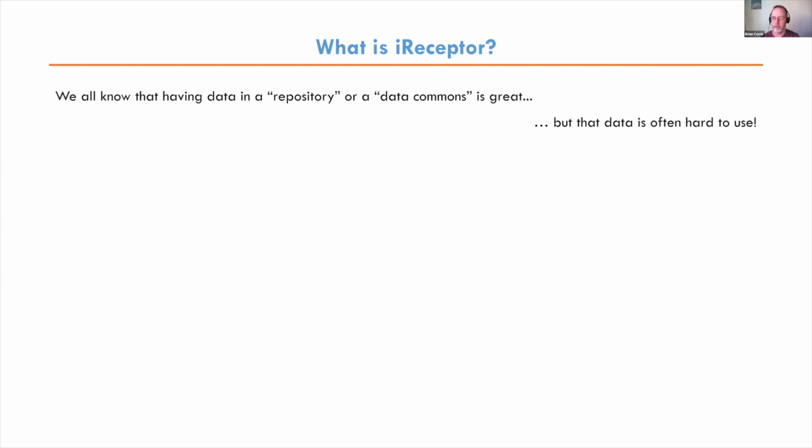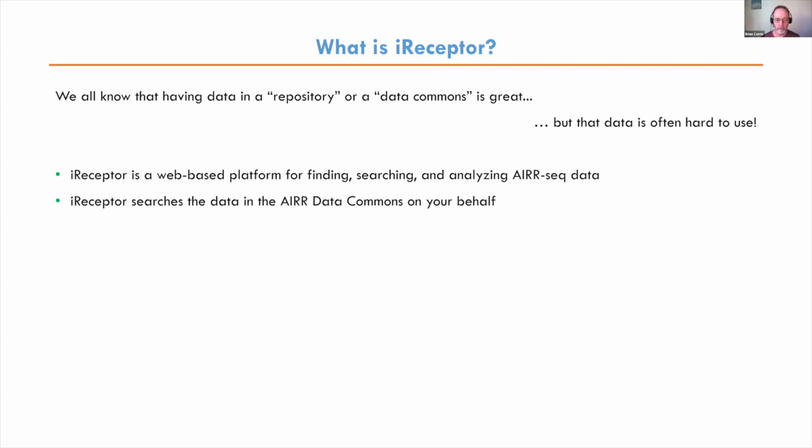The goal of iReceptor is to solve that problem for the researcher. iReceptor is a web-based platform for finding, searching, and analyzing AIRR-seq data. iReceptor searches the data in the AIR Data Commons, which is a distributed set of repositories. If you had to query each one of those independently and download data as a researcher, that would be very, very challenging. So iReceptor does that on behalf of you, the researcher.